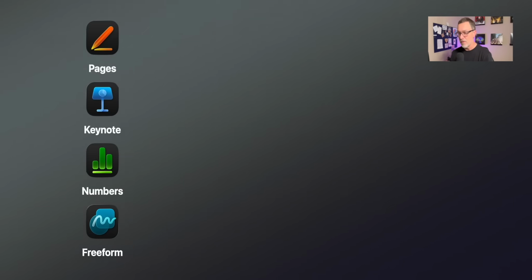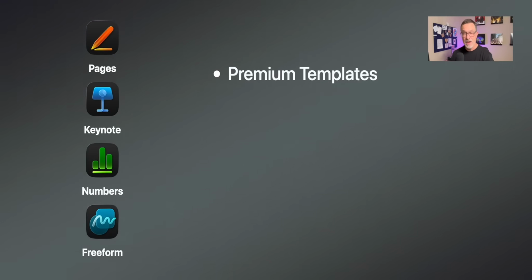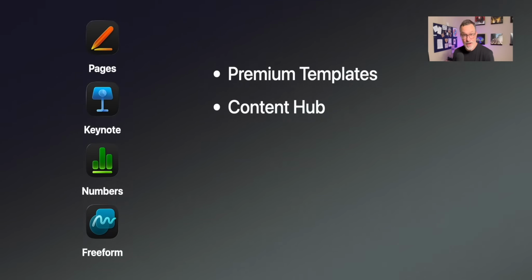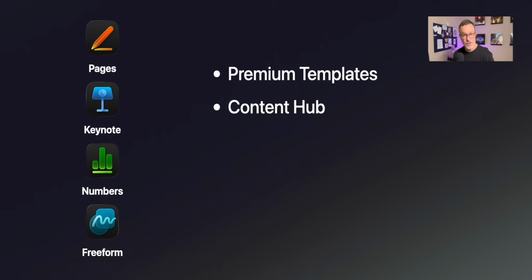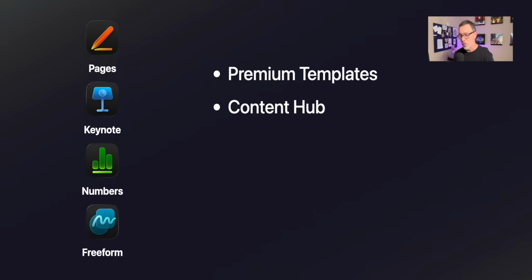What Creator Studio exclusive features you get by app. And I want to split this up just by the productivity bundle, and then we'll look at the Pro app bundle. So starting with Pages, Keynote, Numbers, and Freeform. Very similar features for each of these are available. So for all four of those, you're getting the premium templates, Content Hub with some really great royalty-free photos and illustrations and graphics you can use however you want.